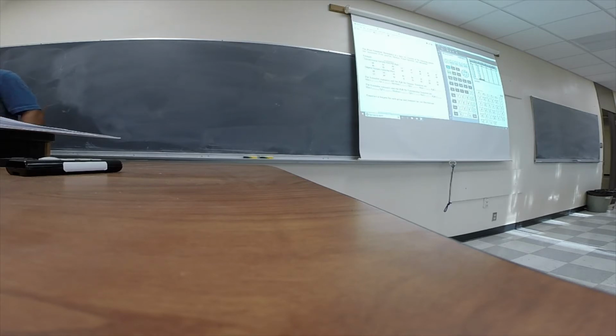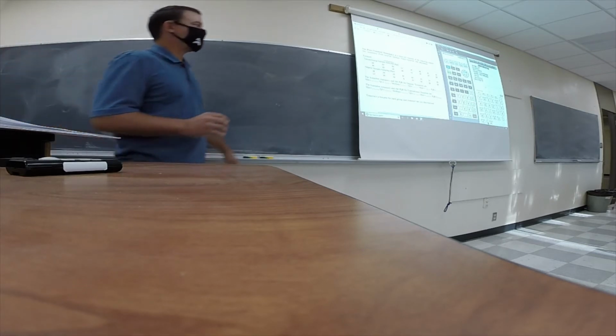Okay, so I've got both my lists typed in. I'm going to find the five number summary for each. So I'm going to go stat, calculate one variable statistics. I'm going to go ahead and find it for list 1, which is my conventional list. So my conventional list here is actually listed second.